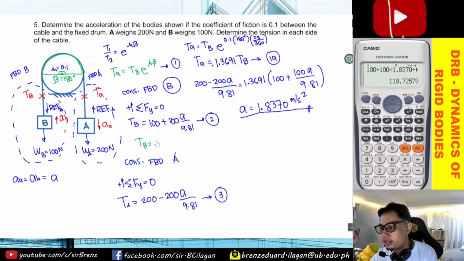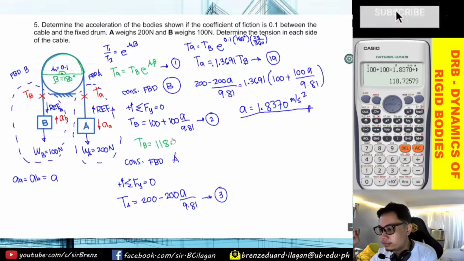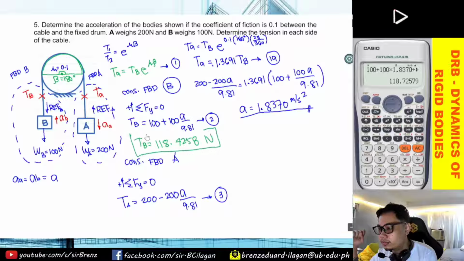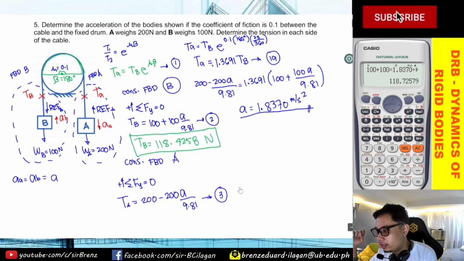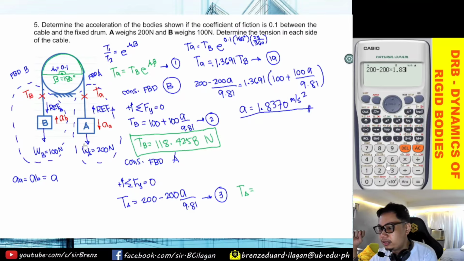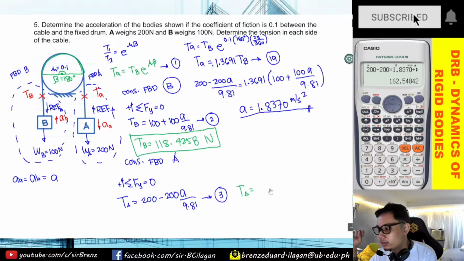Okay, so the tension in B is 118.7258 Newton. Ayan. And for cable A, so that is 200 minus 200 times 1.8370 divided by 9.81. So that is 162.5484.